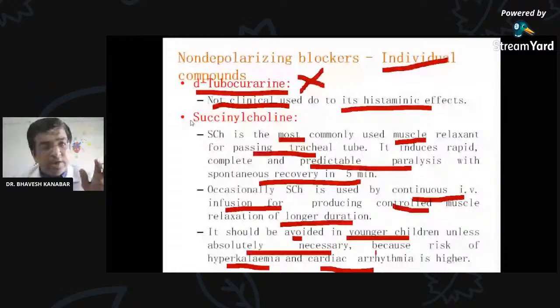Recovery is within 5 minutes. If we want to prolong this action, we can use continuous IV infusion. But again, we should take care that it is not used for more than some minutes. In young children, it is to be avoided because of the risk of hyperkalemia and cardiac arrhythmia.